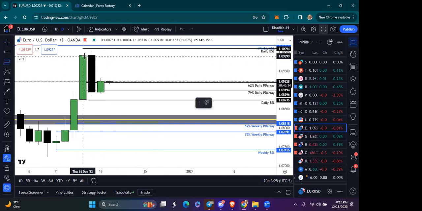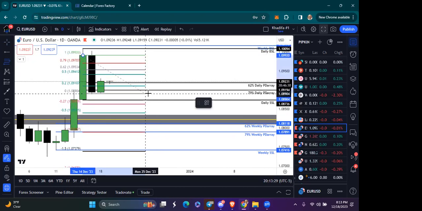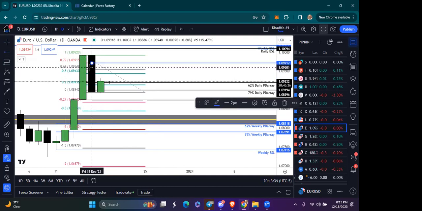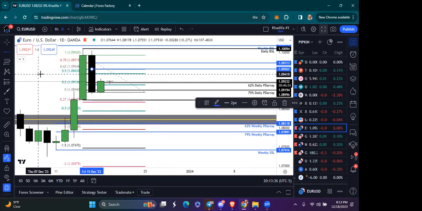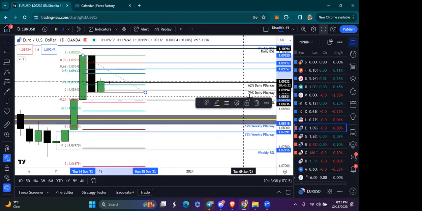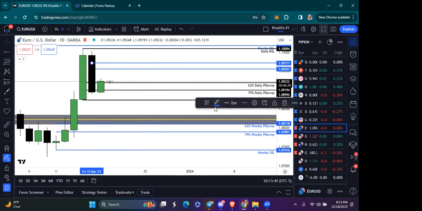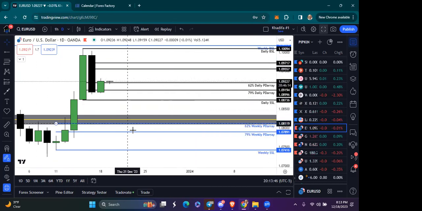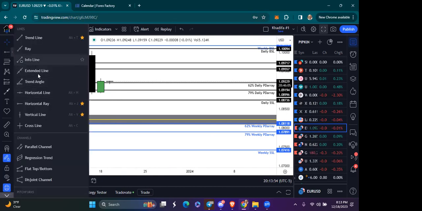So if you throw that, boom, boom. I'm not going to label them because I'm just giving you guys an idea of where I want to see price go. But I would like to see us run through those levels.